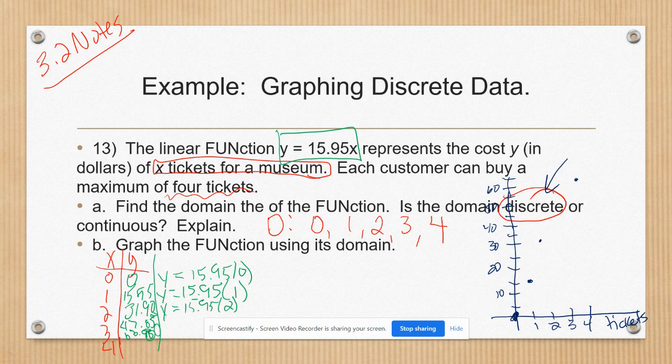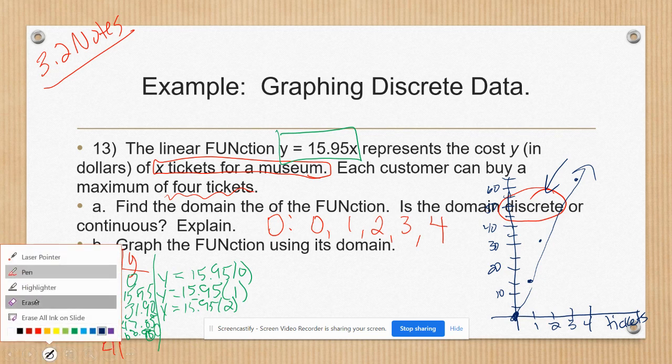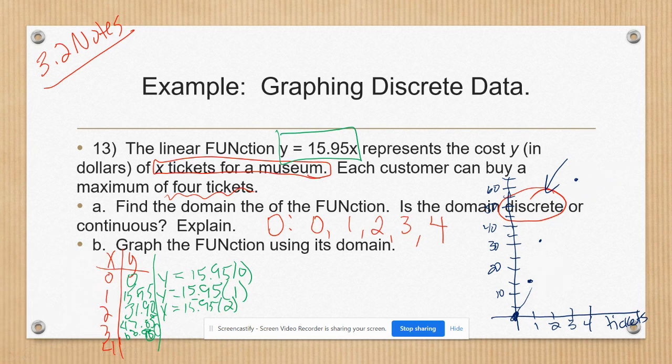Discrete function means I can't draw the line, because if I draw the line, that means I can have any number of tickets in between 0 and 1 and in between 1 and 2. When we said we can actually only have 1 ticket, 2 tickets, 3 tickets. So we do not connect the dots when we have a discrete function.